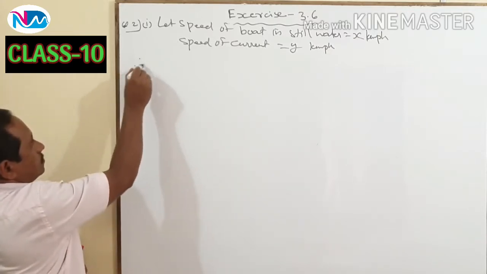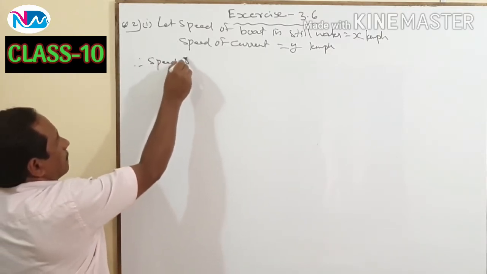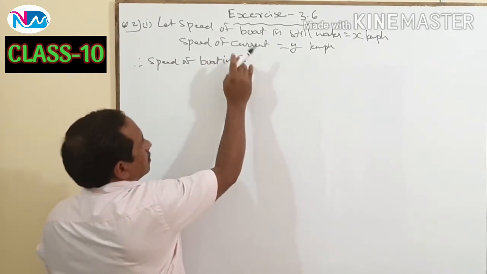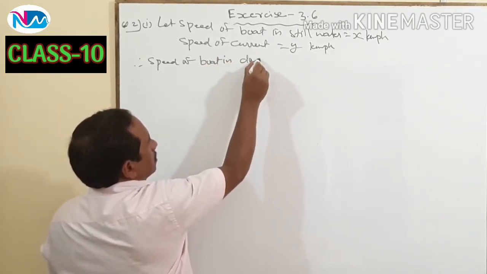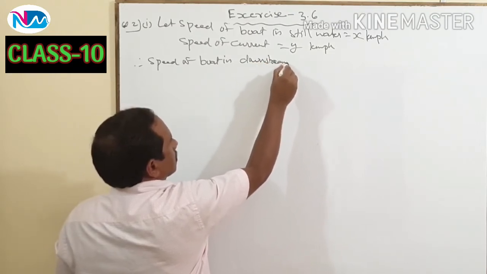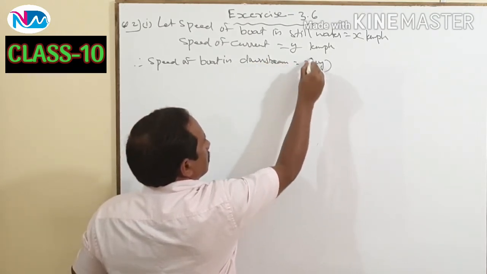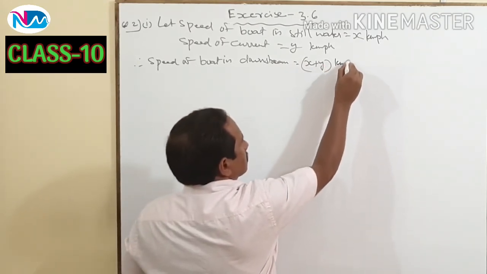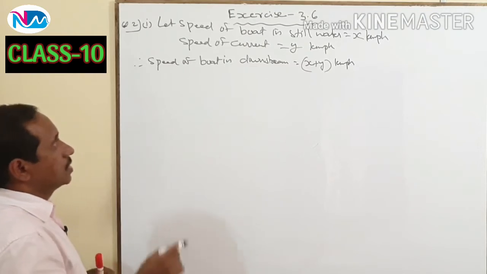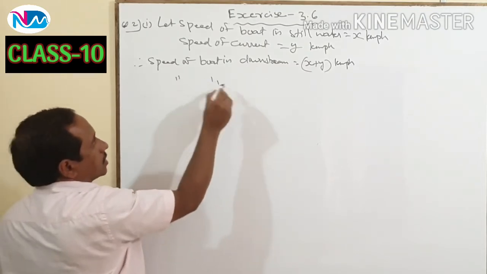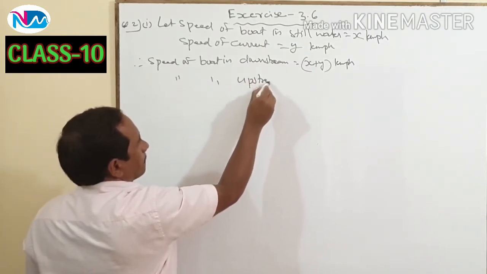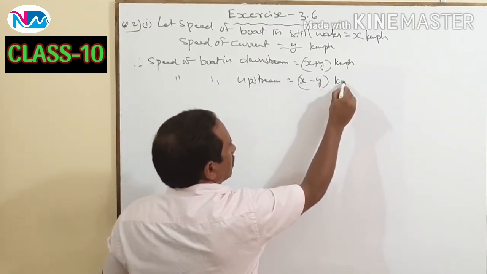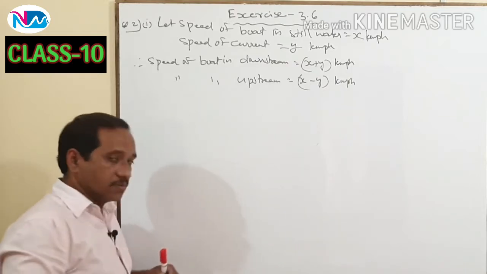Therefore, speed of boat in downstream will be equal to x plus y km/h, and the speed of the boat in upstream will be equal to x minus y km/h.